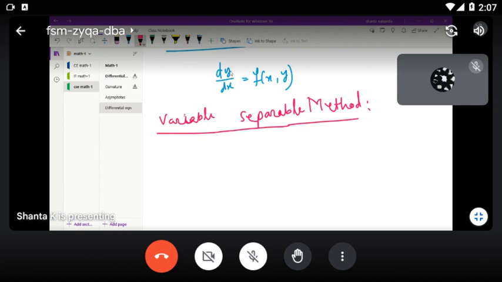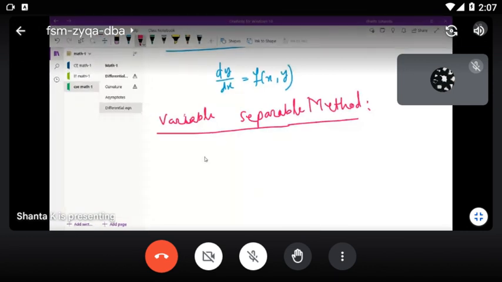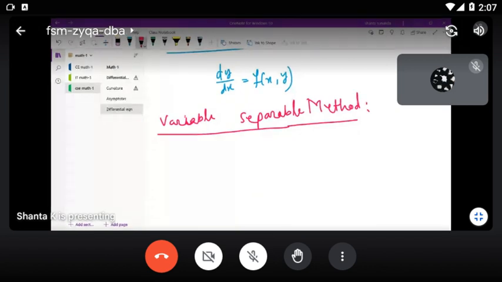We have one independent variable and one dependent variable, so we keep one variable on one side, like y on one side and x on the other side, and we do the integration. Then we will have our solution.